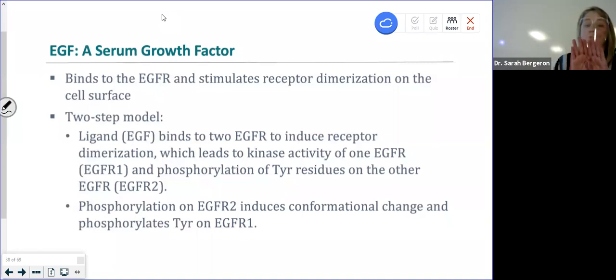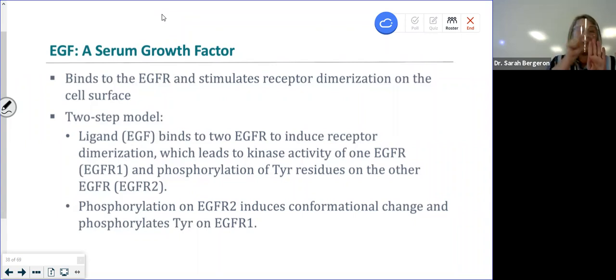If you have these two receptors, the ligand is going to bind to one receptor first. Doesn't matter which one, but it's going to bind to one first. That initial binding is going to induce the dimerization. That induction of dimerization is going to lead to kinase activity of one receptor phosphorylating the tyrosine residues on the other receptor.